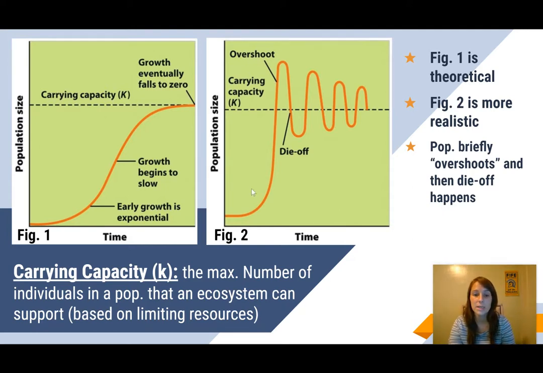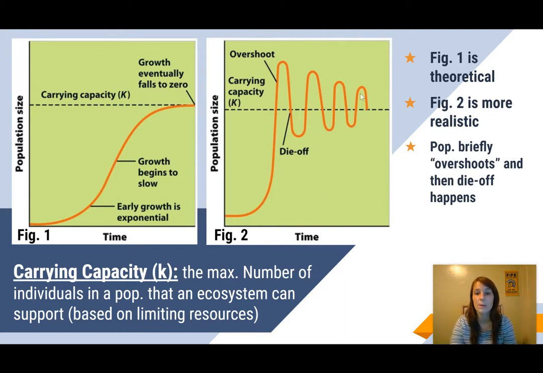In fact, this second figure here is going to be more realistic, where we're going to see a population fluctuating around this carrying capacity. We'll see the population overshoot it, and then you'll have a bit of a die-off because there really weren't enough resources. And then they'll grow and they'll overshoot it again, and then you'll have a bit of a die-off. And so it's this system that keeps repeating itself.